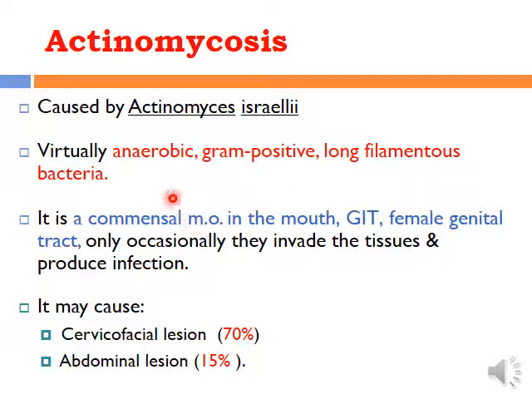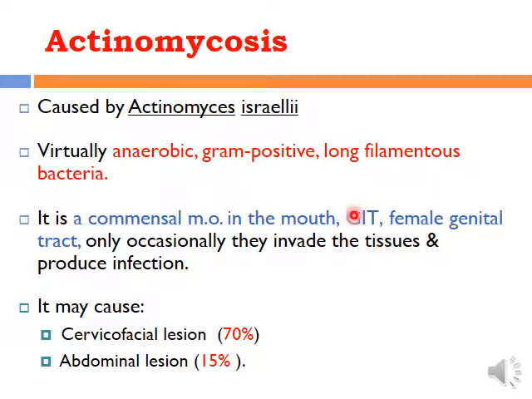These microorganisms are part of the normal microorganisms present inside the body, and they are found in the mouth, in the GIT, and in the female genital tract. Under certain conditions, they proliferate and invade the underlying tissue and cause disease.